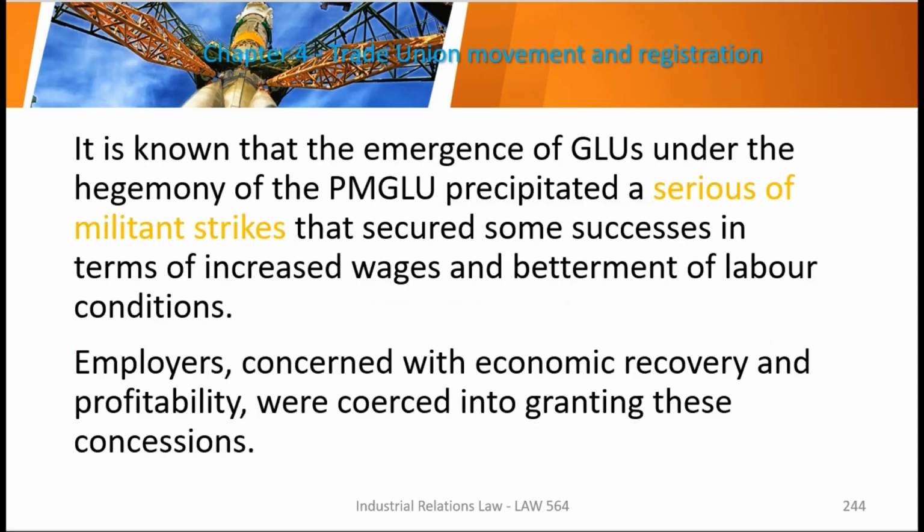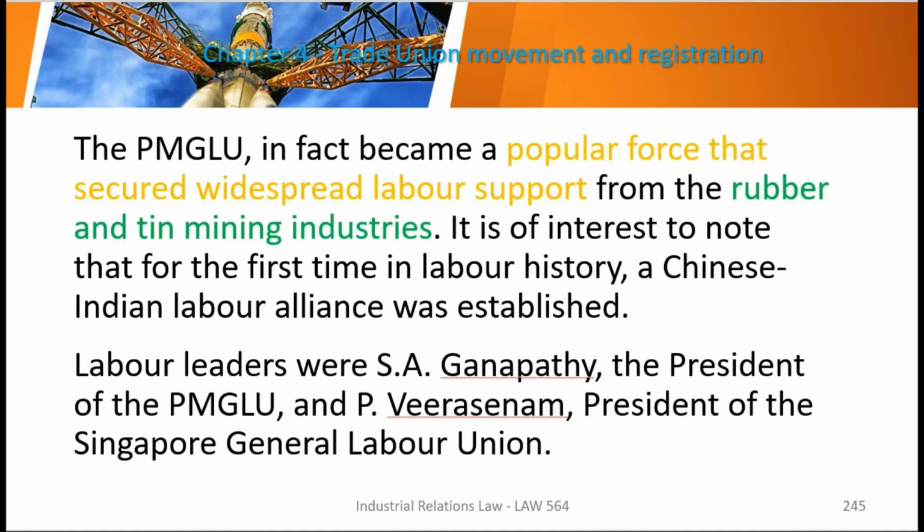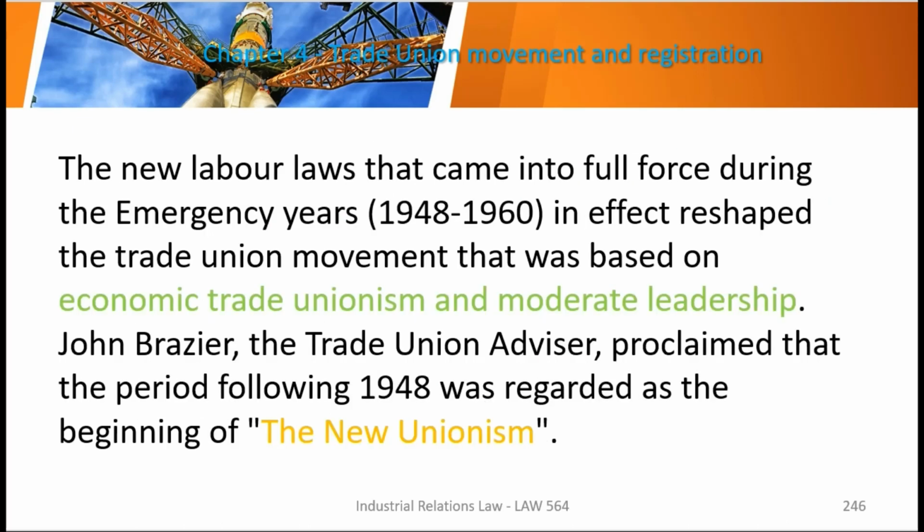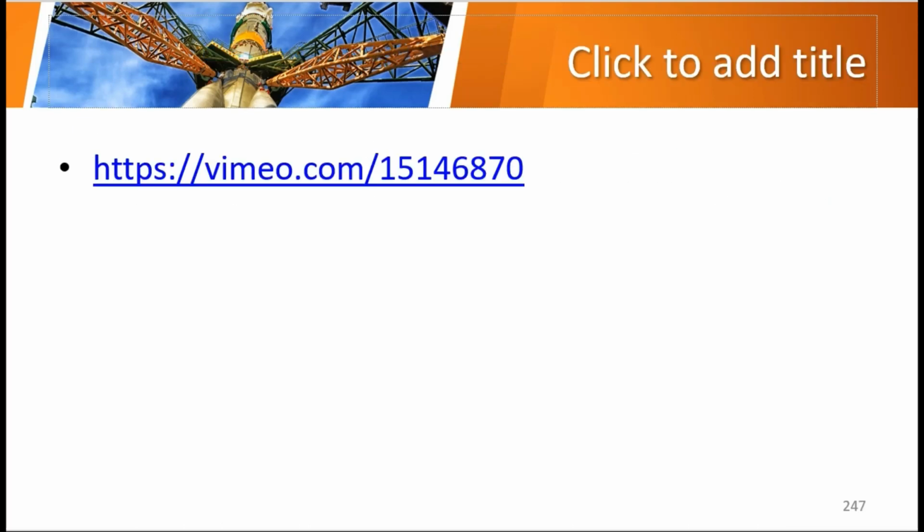Okay. Moving on. You read about what happens to the trade union progress in Malaysia. If you look at this video, I don't know whether it is available or not, but if you look at slide number 247, you should be able to see the video.